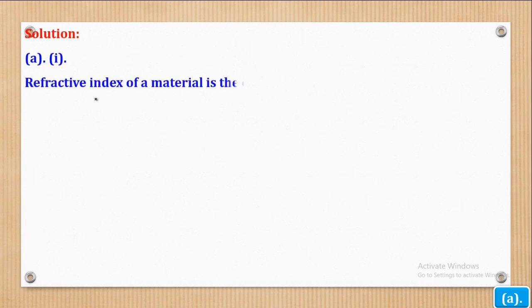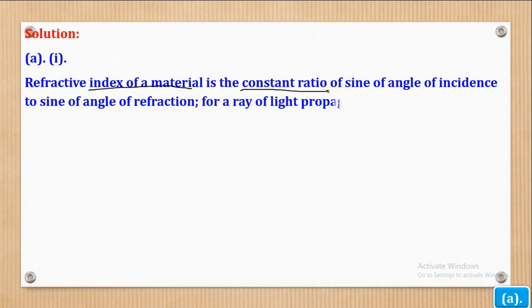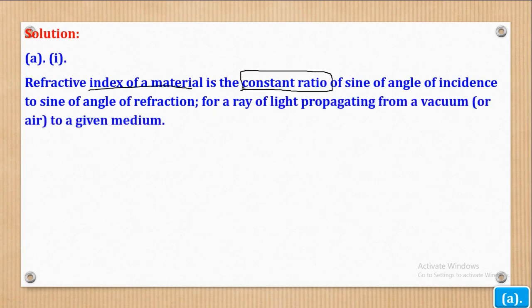So you come here and say that refractive index of a material is the constant ratio, know this word, constant ratio of sine of angle of incidence to sine of angle of refraction for a ray of light propagating from a vacuum to a given medium. Note the order is from vacuum to a given medium. You shouldn't interchange.